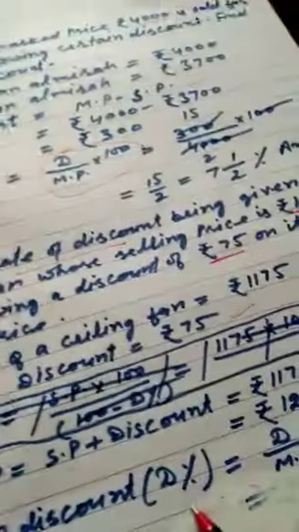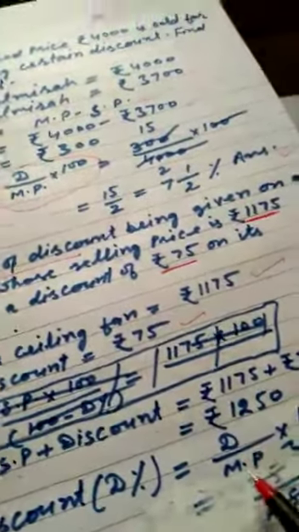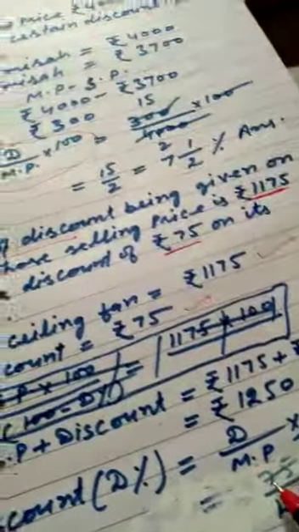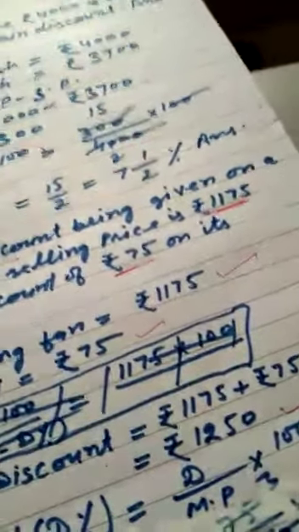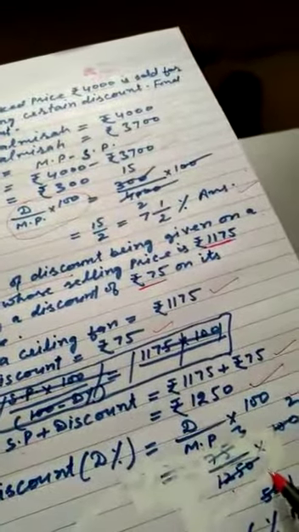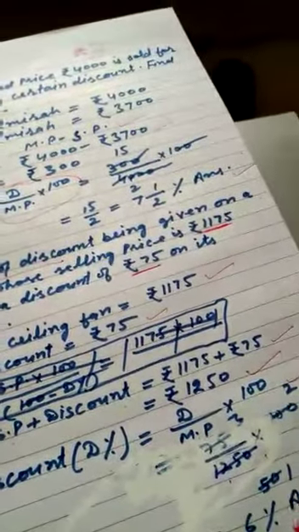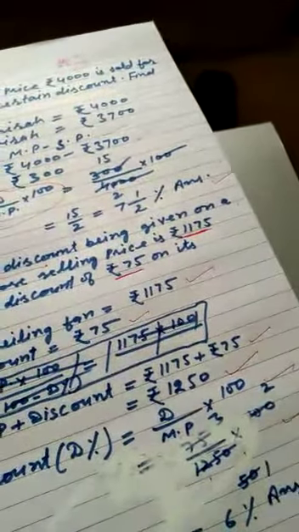Rate of discount formula says D upon MP multiplied by 100, 75 upon rupees 1250 multiplied by 100. After simplifying we get 6% is the rate of discount.